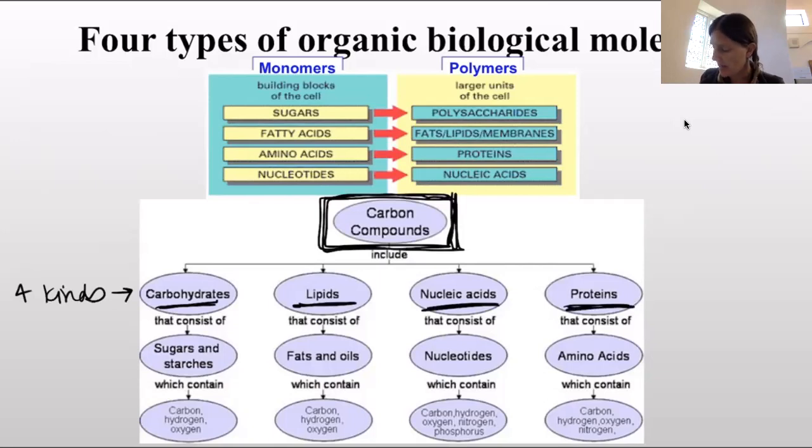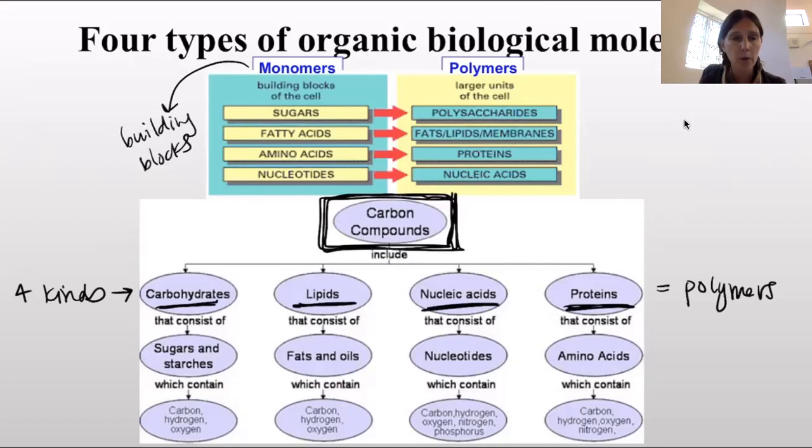For each of these, here are the polymers. They are made from building blocks, which are the monomers. The monomers are sugars, or glucose; fatty acids, which make the lipids; amino acids, which make the proteins; and nucleotides, which come together to make nucleic acids.